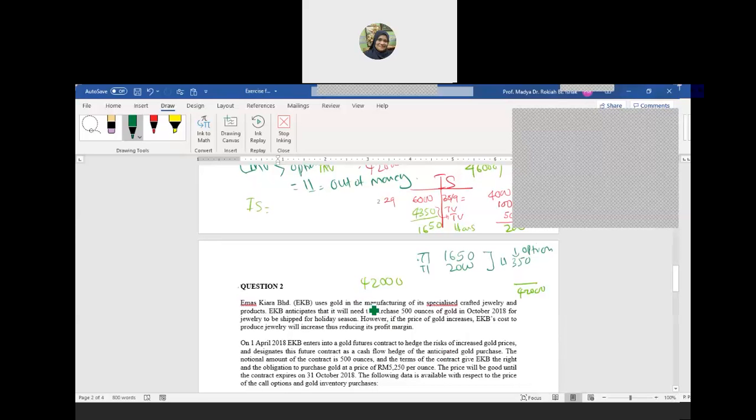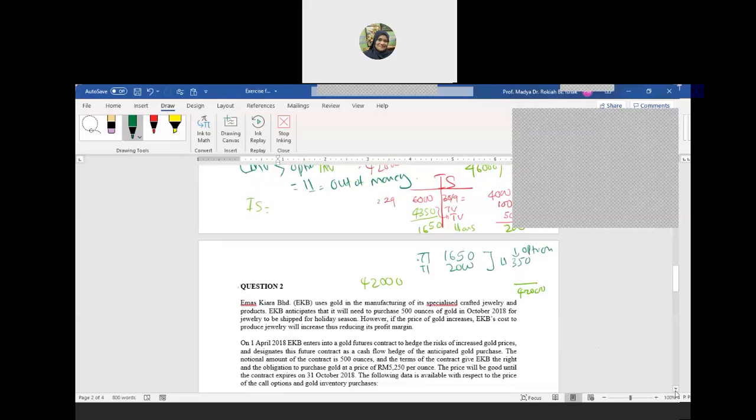Mascara is engaged in manufacturing specialized craft jewelry products, and they need to purchase 500 ounces of gold in October 2018, and then process that gold into jewelry.